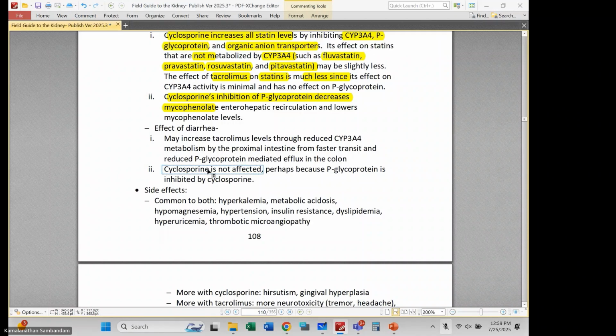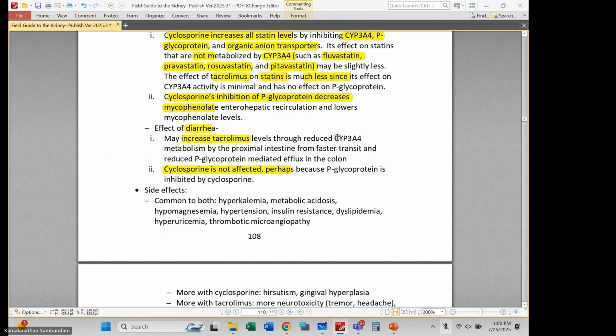If anything, there may be a reduced cyclosporin level that you might see when you're having diarrhea on cyclosporin, okay? But we classically see increases in tacrolimus level when you have diarrhea. And there's some hand waving about what the underlying mechanism for that is.